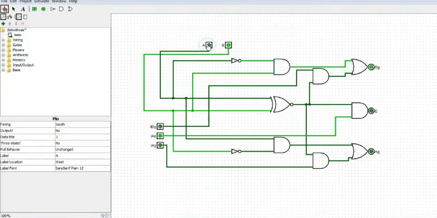Consider these are our A1 and B1, right? So this was connected from the previous stage. It means that LSB A1 and B1, now it is a MSB. So this was the output that is connected from the previous stage, that is A0 and B0.